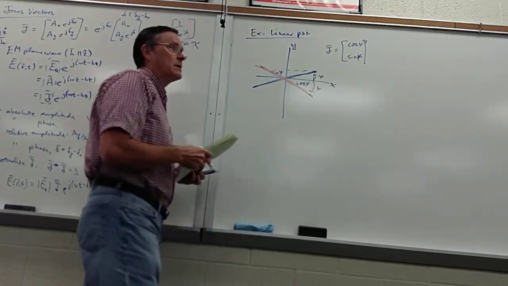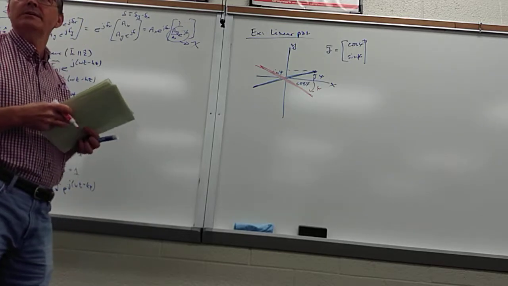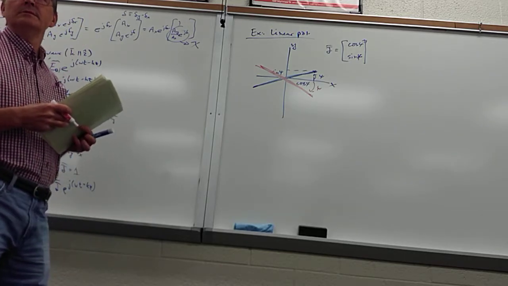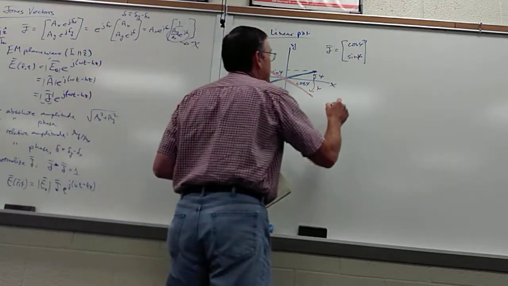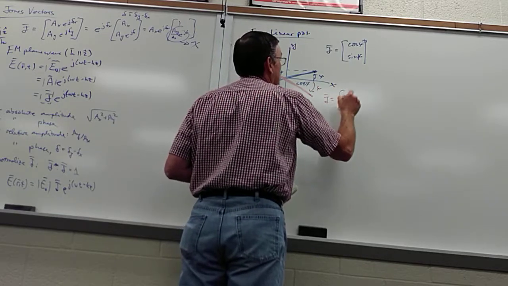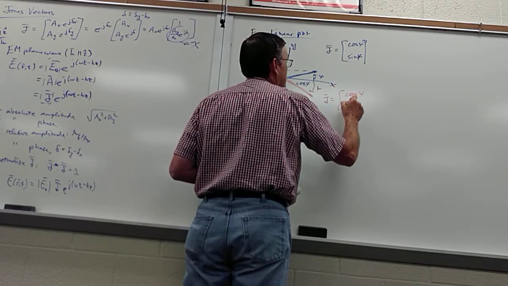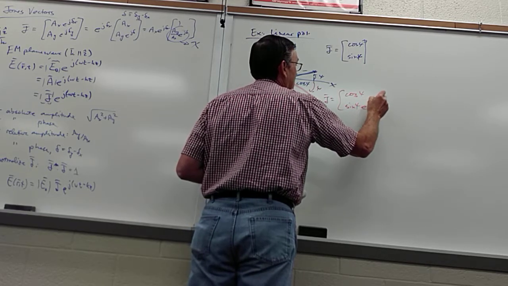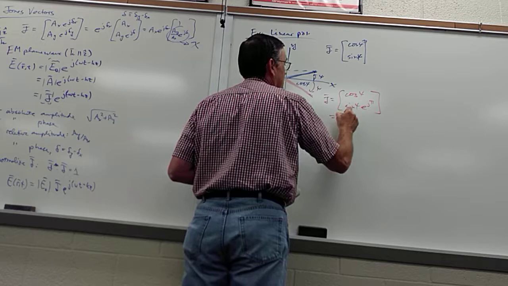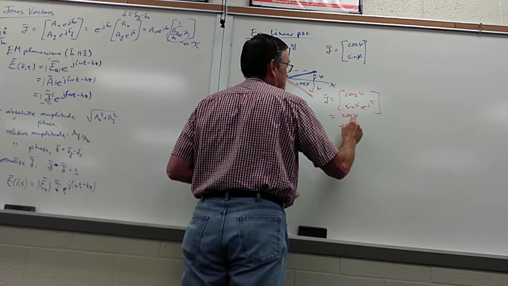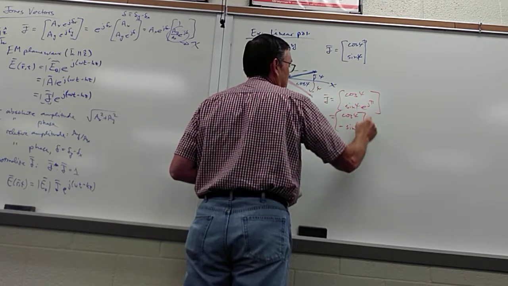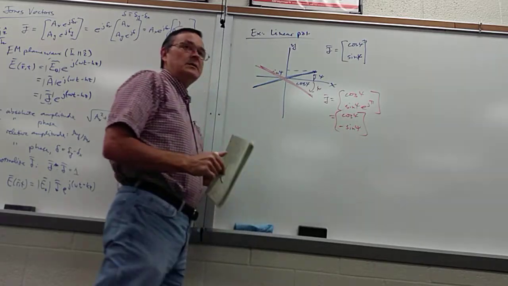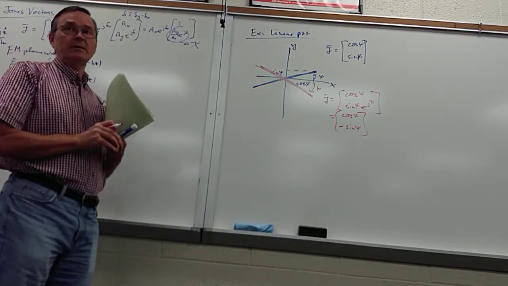But remember, psi cannot be negative. So in that case, we would have cosine of psi, sine of psi, e to the j pi, which of course is just cosine of psi, minus sine of psi. That minus sign comes from delta being pi.